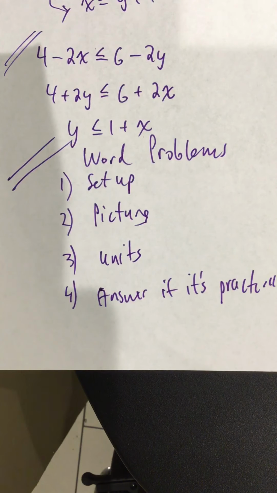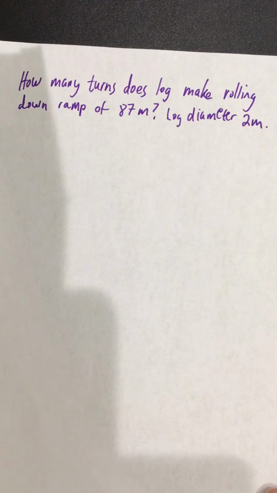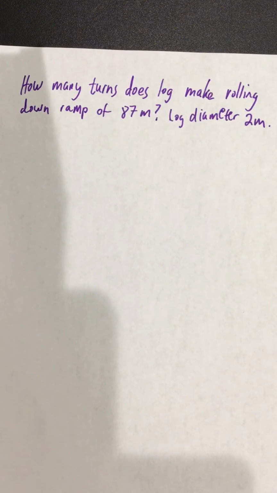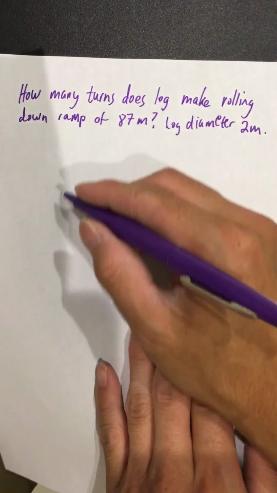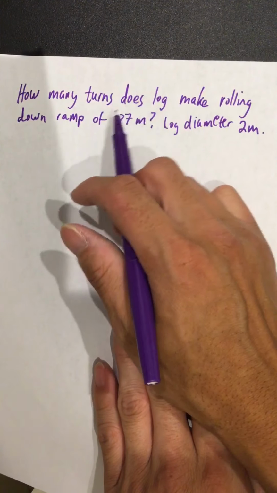A problem I was working on with a Math 100 student recently was how many turns does a log make rolling down the ramp? And this student was pretty puzzled. The student didn't even know where to start. And I just showed them a picture, because I think they didn't understand turns and how a log makes a turn.